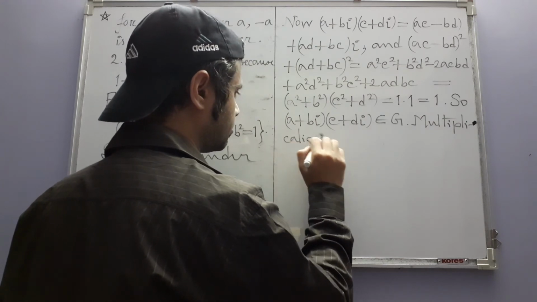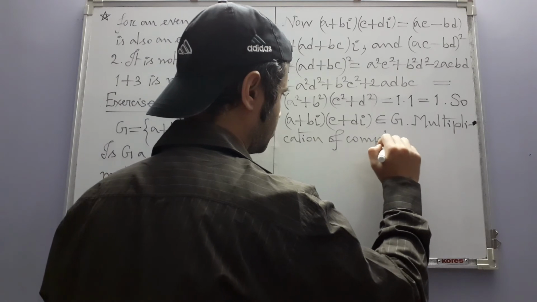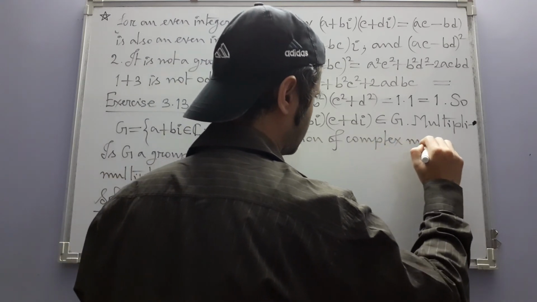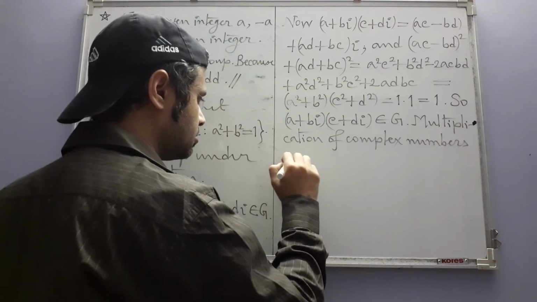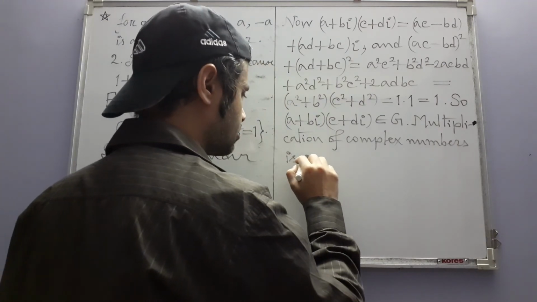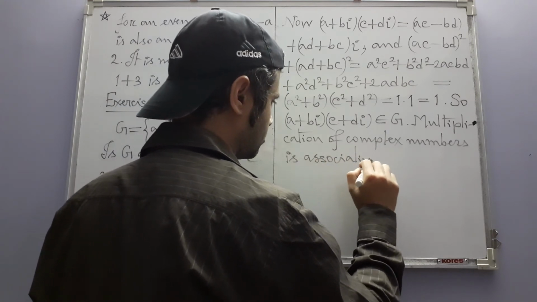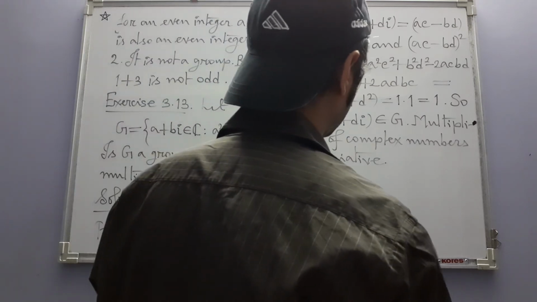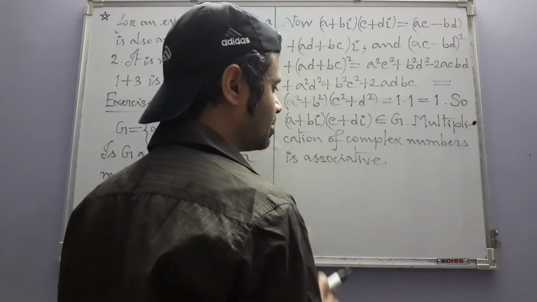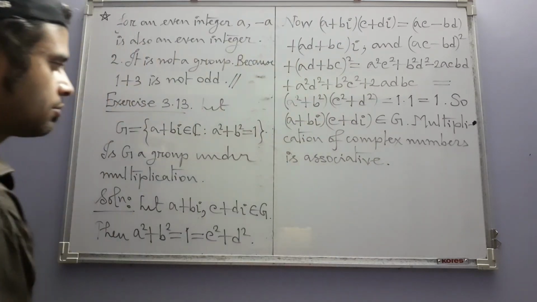Multiplication of complex numbers is associative. It's a fact which one can prove also, but it is something we already know from elementary theory of complex numbers.